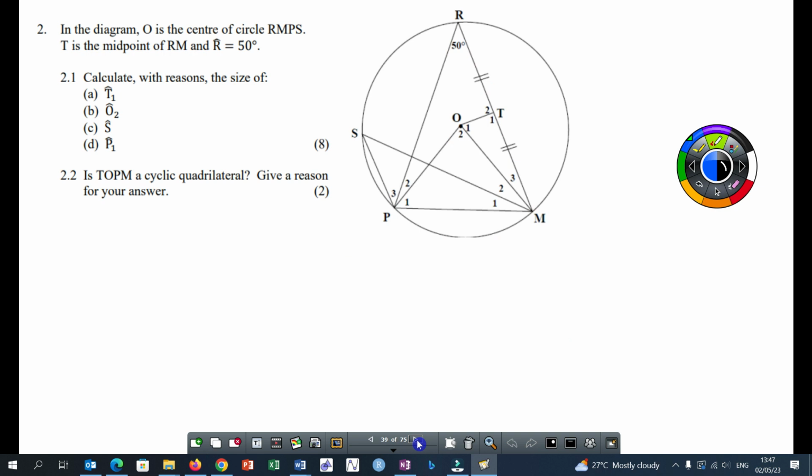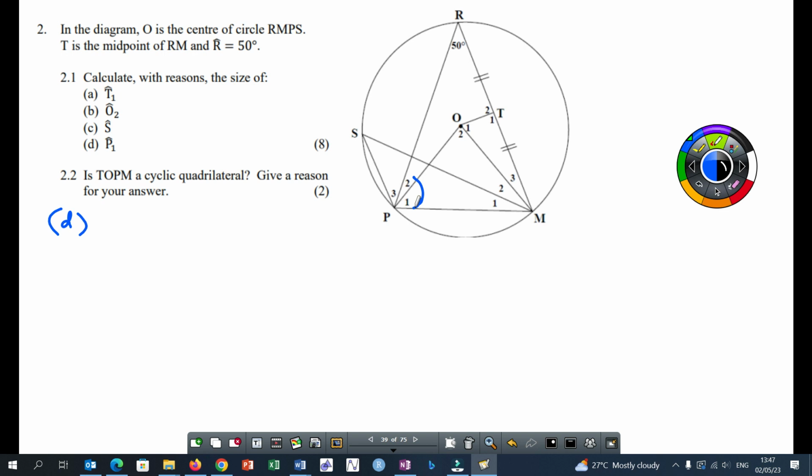Right, so let's move on to D now. P1 is this angle here. To get P1, in my case, I'm going to use the sum of angles in a triangle.